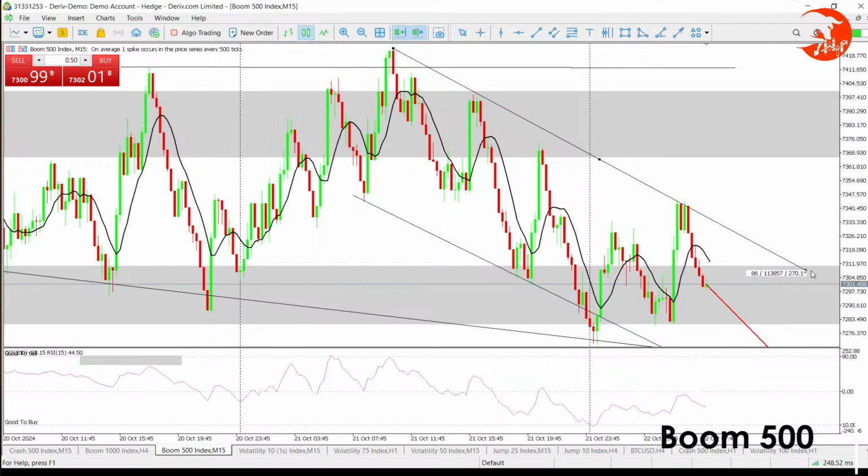Now this one may even be drawn like this, so that's why I'm saying this is a bit tricky for us to make any conclusions right now. I think it's like this: high, low, failed to make a high, came down here, gave us a fake breakout, came later on, touched the high.